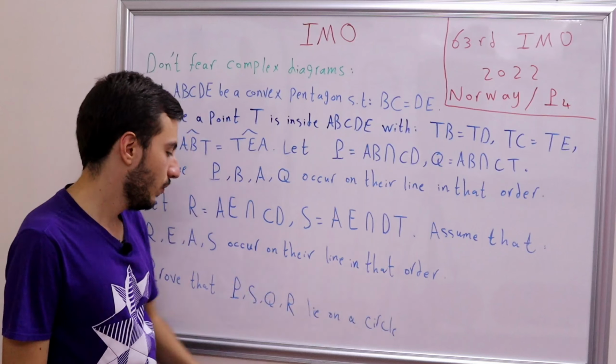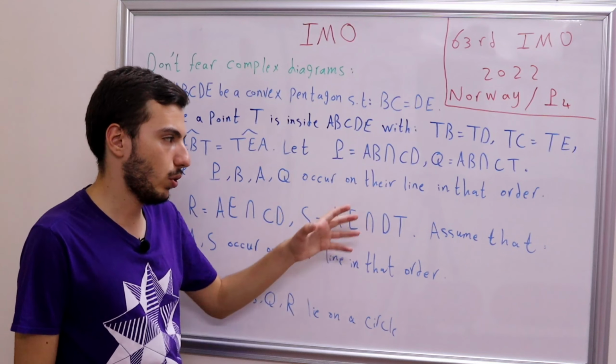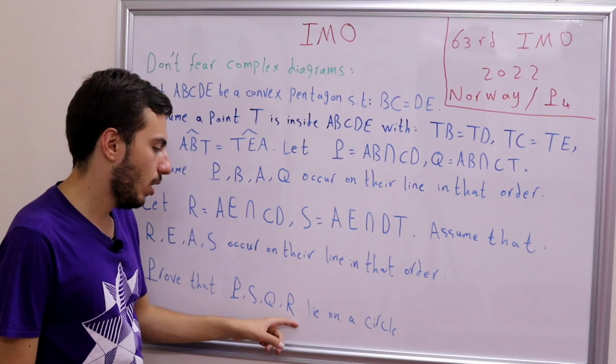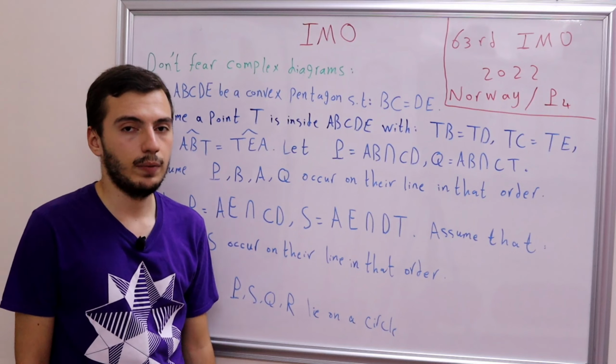Finally, we need to show that these 4 intersection points P, S, Q, R lie on a circle. That means we need to show that this quadrilateral is cyclic.